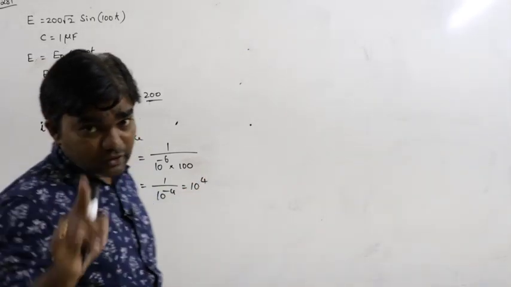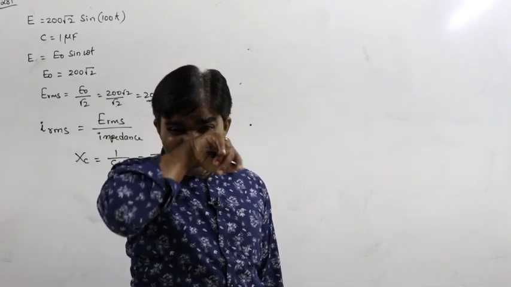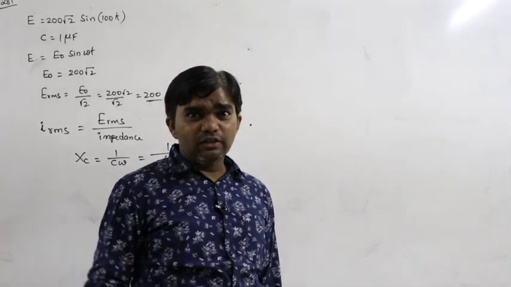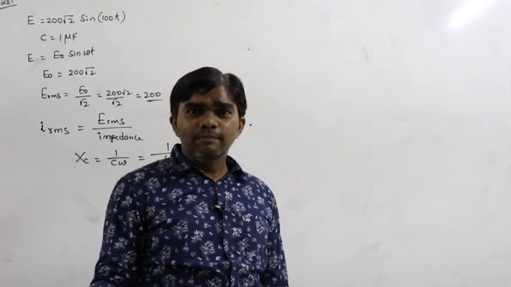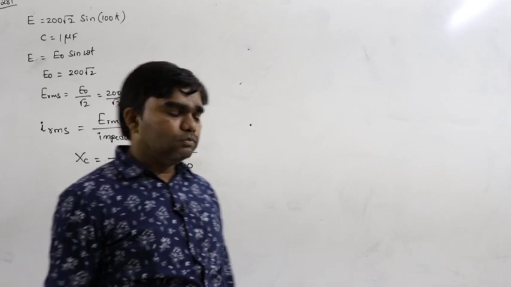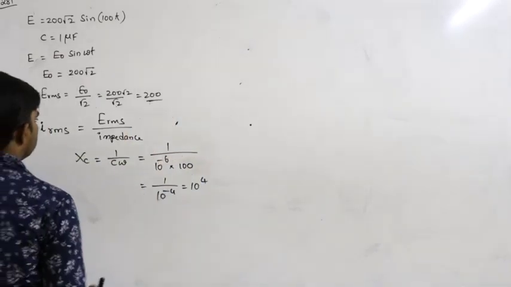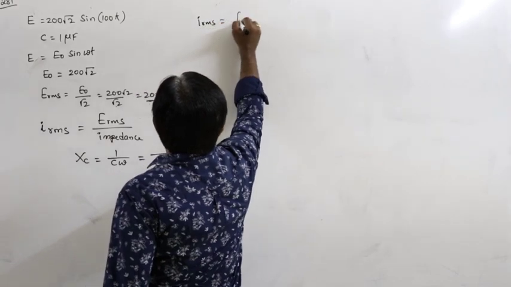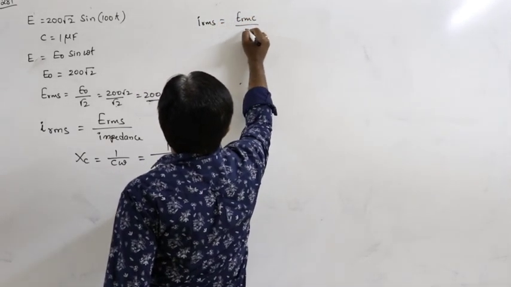Remember, I forgot to mention that inductive reactance or capacitive reactance, whatever it is, the unit of that is ohm, because that is the opposition for the flow of current. So therefore, from this I RMS can be written as E RMS divided by XC.